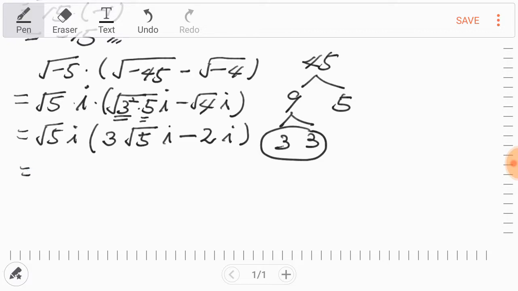Then apply the distributive property, which means multiply the two terms inside the parentheses by this factor.